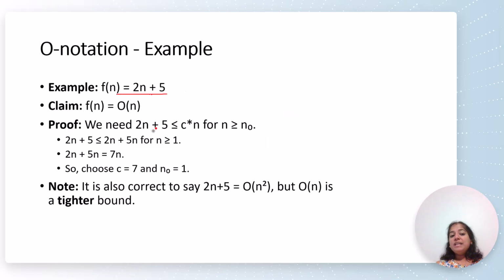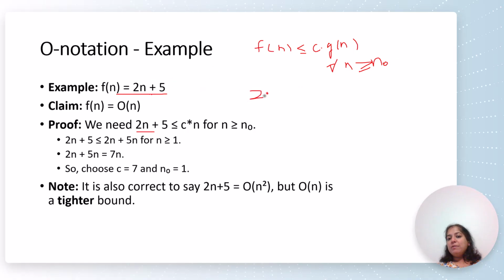So we need to find some constant. f(n) is 2n plus 5, which means 2n plus 5 is less than or equal to c times n, because g(n) equals n here.